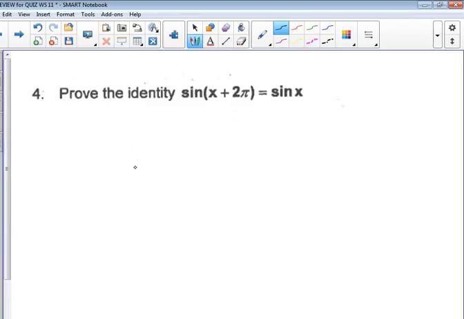All right. What do you want to try for this proof? How about expanding it with our sine A plus B, our sine, what are they called? Sum formulas or sum relations? Okay, so what would that look like?